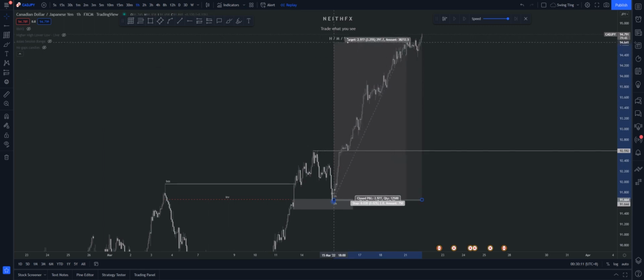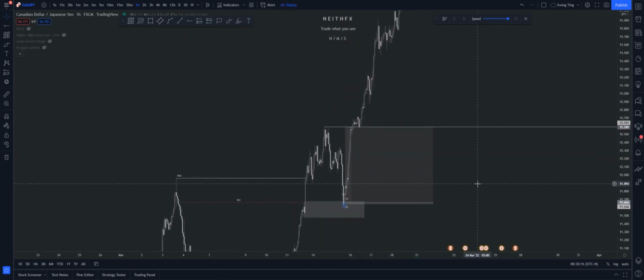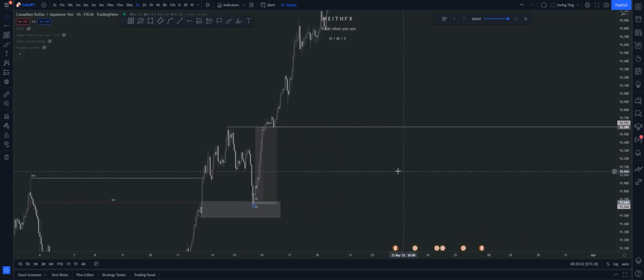Now, would I have held full volume here? Hell no. Nobody would hold full volume for a trade that's running at 46R at this point, which was where my take profit target was, and it was closed at that point because I wasn't really interested to hold it for that long. So that was the trade.